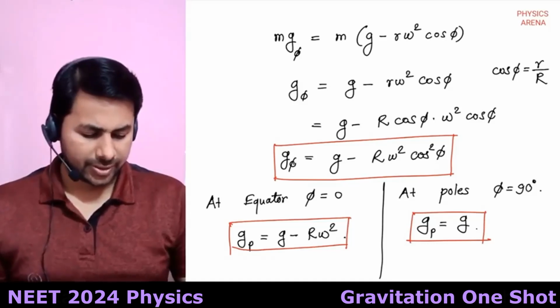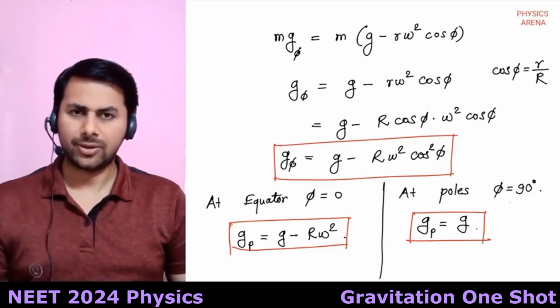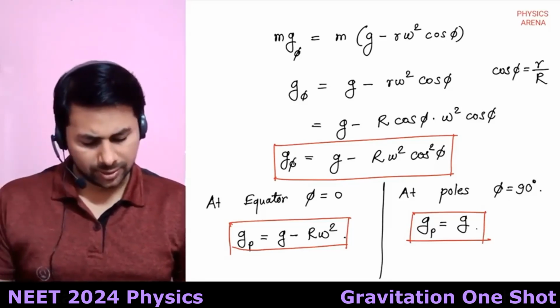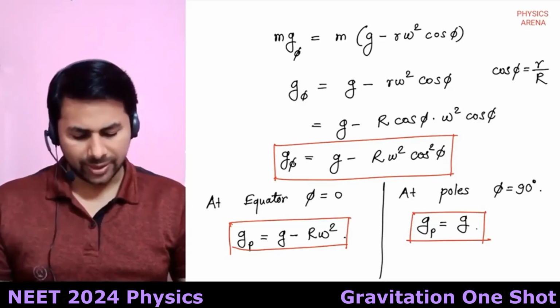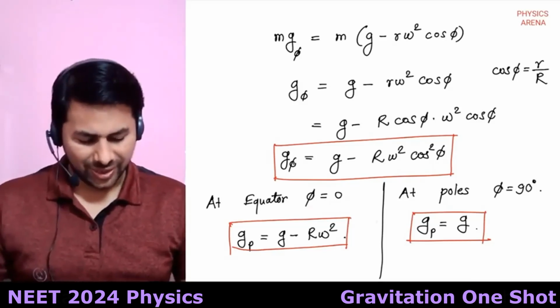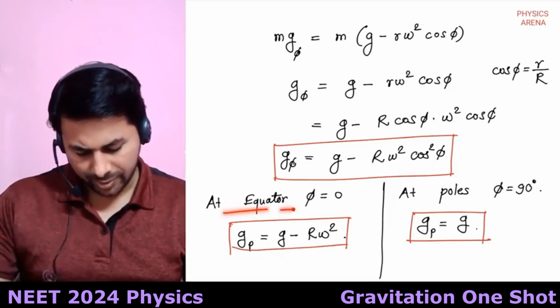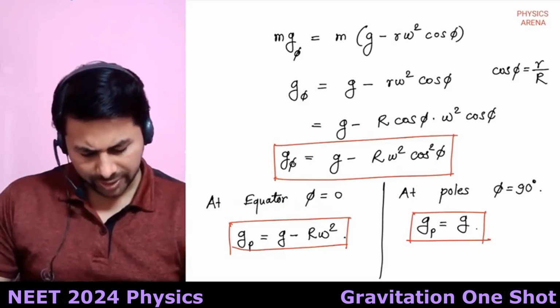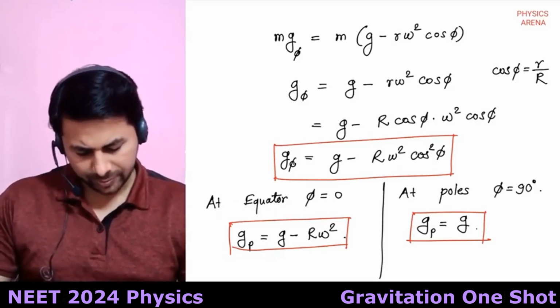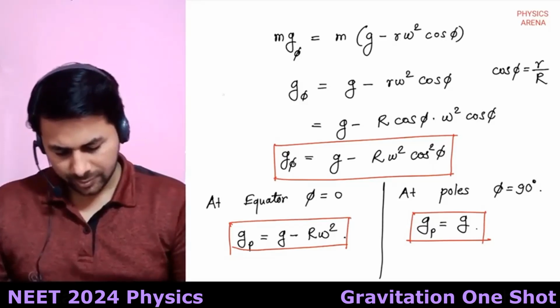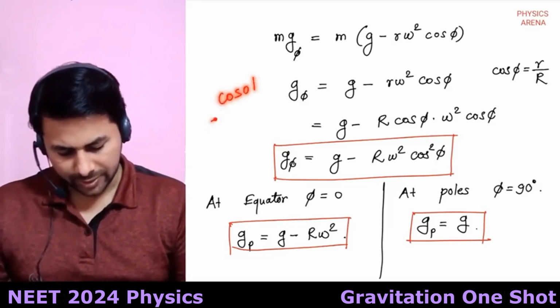On pole it is 0 degrees, cos 0 is, sorry, at equator it is 0 degrees. Did I make a mistake here? Let me check. Cos of 0 is 1, right?